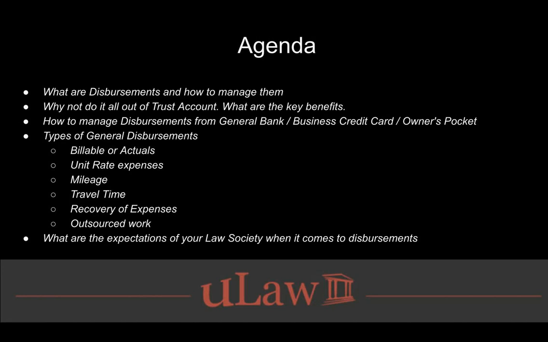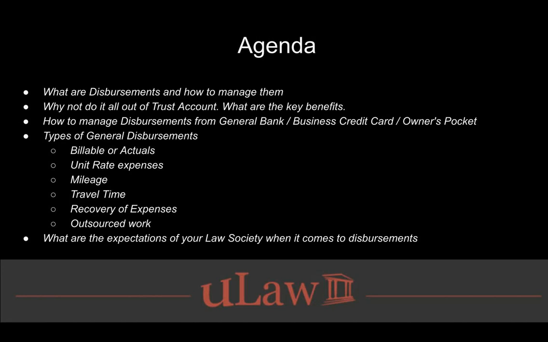Types of general disbursements. There are various types of general disbursements, unlike in the trust. We're also going to see how the general disbursements are addressed in terms of billing, in terms of collecting more or less, which is markup or markdown.